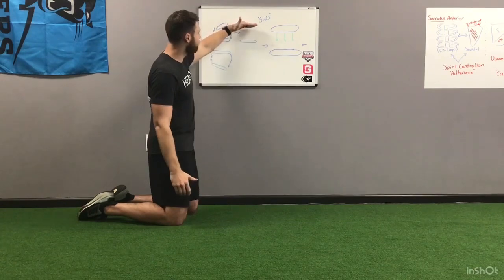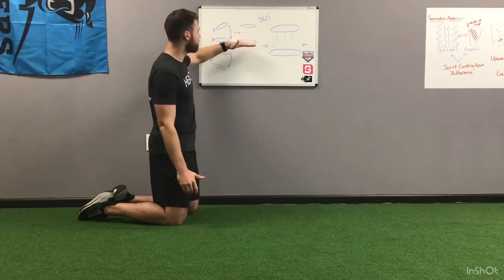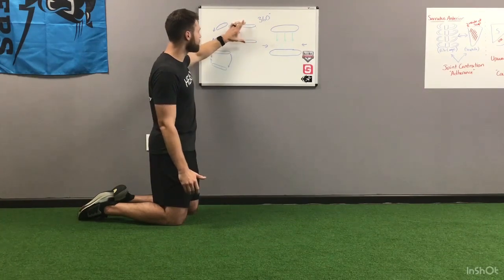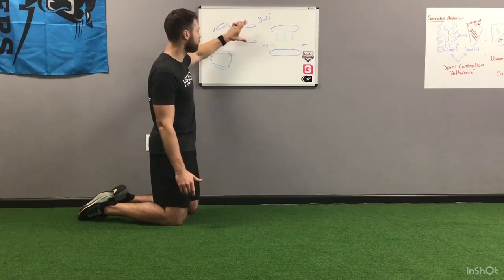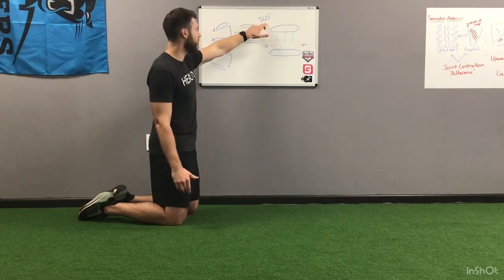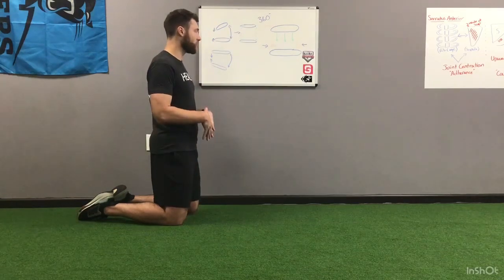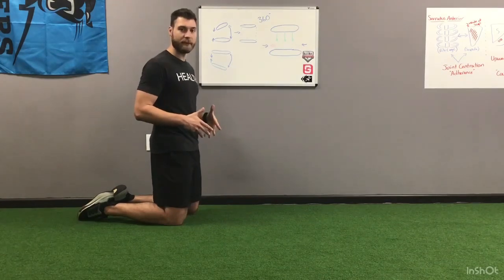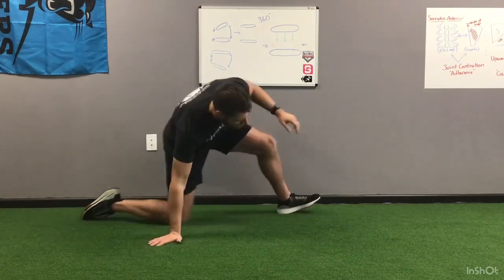And when we have the plane of the rib cage and the plane of the pelvis parallel, that creates the most optimal position for the diaphragm to create proper stabilization and 360 degrees of expansion, which works to offload the lumbar spine. So what we're going to do is we're going to lie on our back.